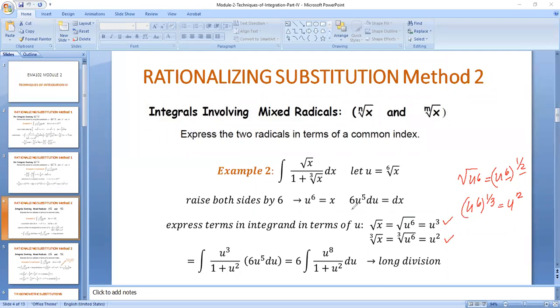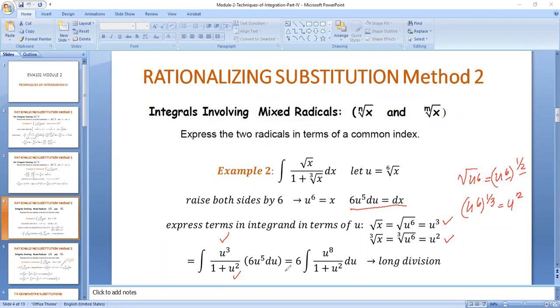The dx will be this, 6u raised to 5 du. Okay, so follow through. Square root of x is u cubed, 1 plus u squared. Cube root of x is u squared. Then the derivative dx is 6u raised to 5 du.